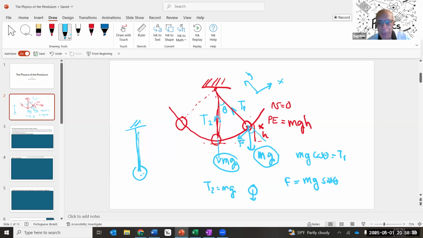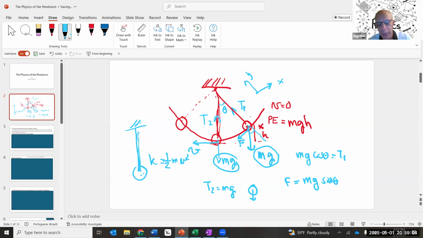Well, the problem is it has potential energy here, and when it arrives here, there's no potential energy, but all that potential energy has been converted into kinetic energy. So now I have 1/2 mv squared, and that is the kinetic energy. It has the maximum velocity at this point.